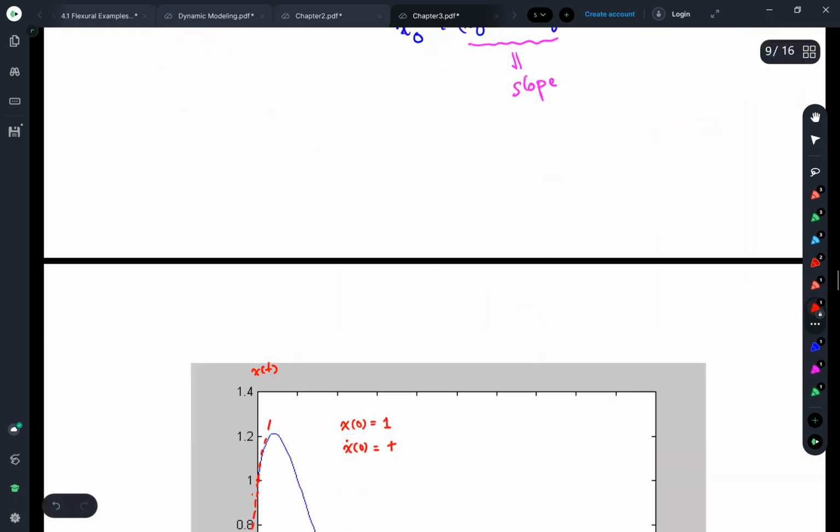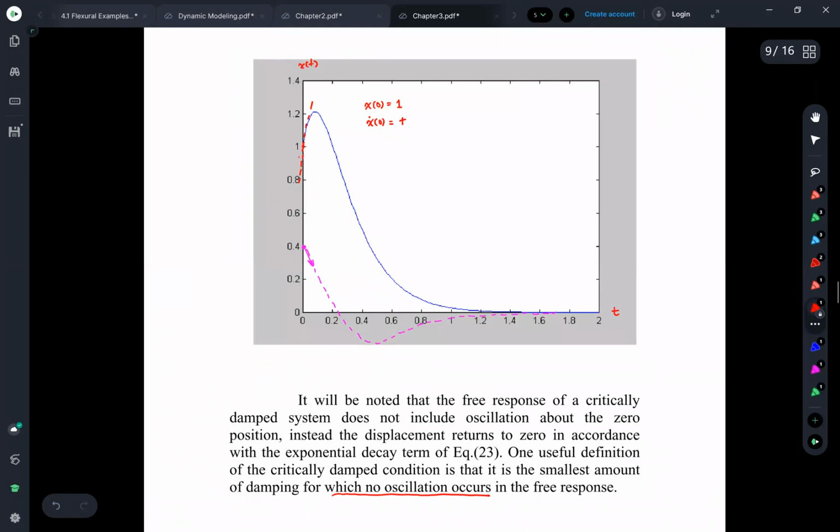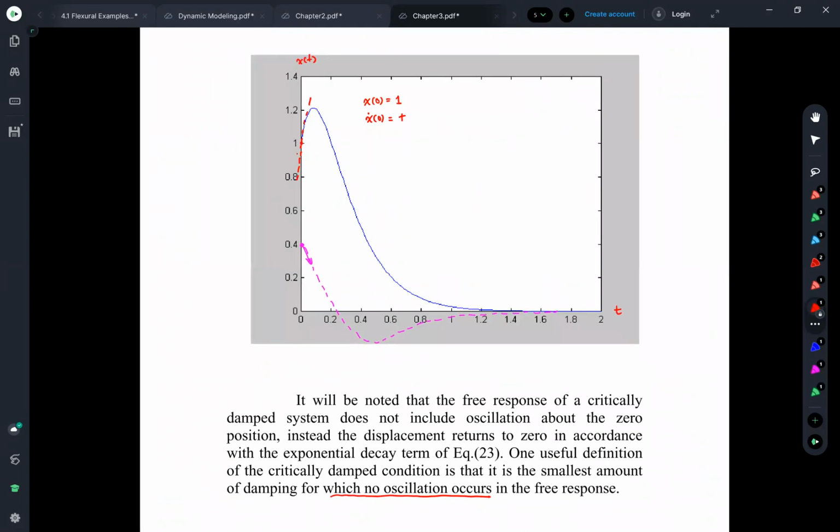Therefore, we said the critical damped system here contains no oscillations, no vibration back and forth like an underdamped system. This critical damped system has no oscillation.